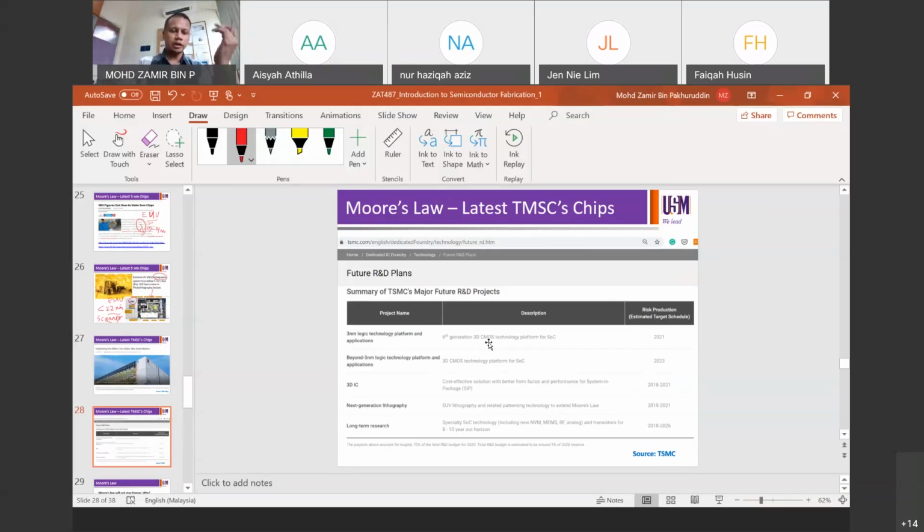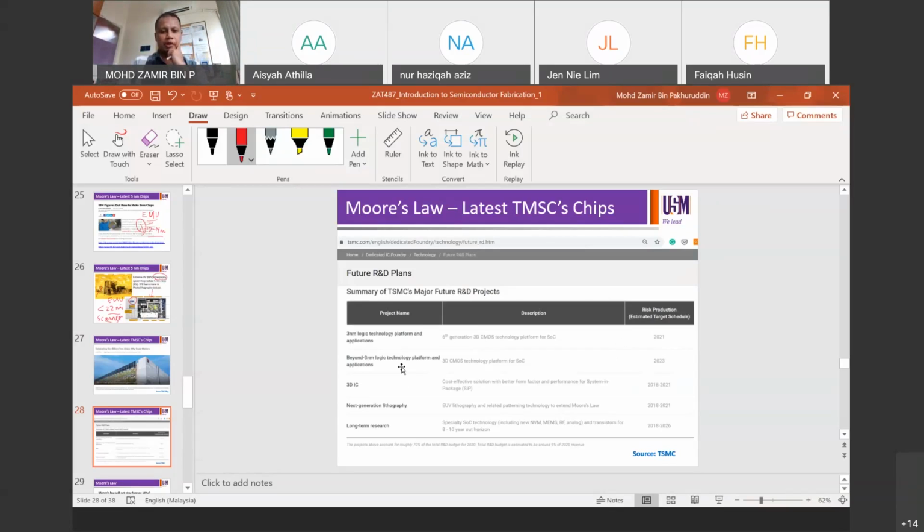They are basically categorized as 3-dimensional CMOS, even though they are not only CMOS, right? Projected for risk production in 2021. So just next year, 3nm is coming from TSMC.